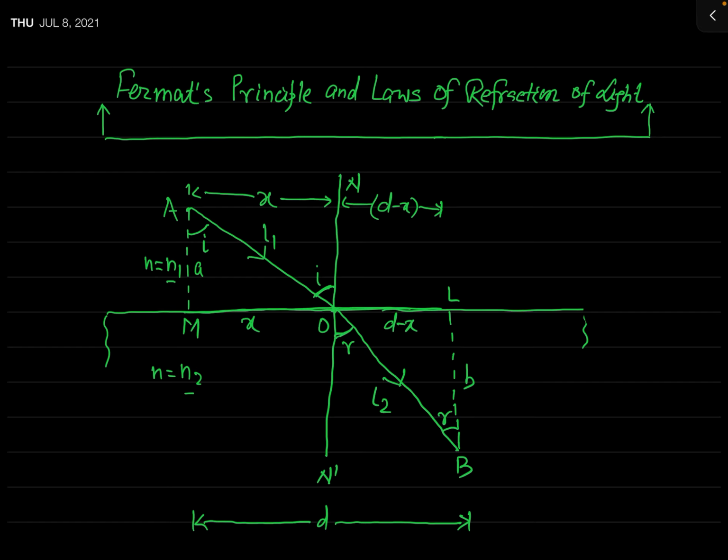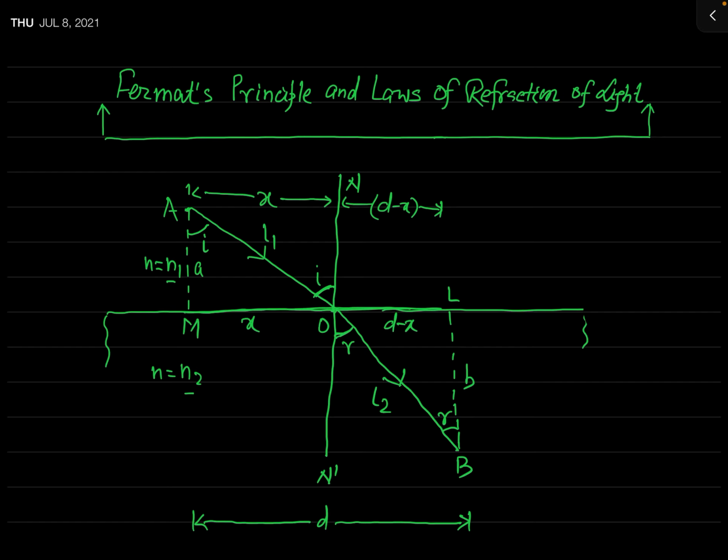Now let us drop normals or perpendiculars from point A and from point B on the interface. So you can see AM is a perpendicular drawn from point A on the interface ML, and similarly BL is the perpendicular drawn from point B on the same interface.